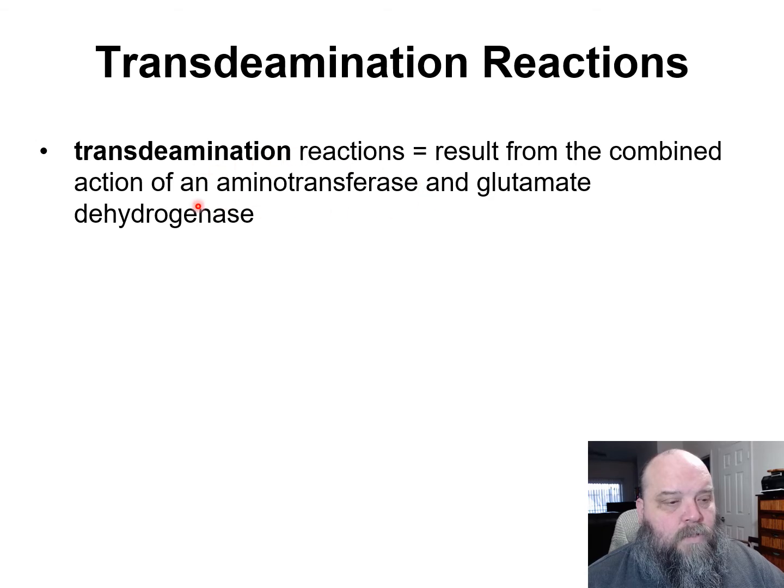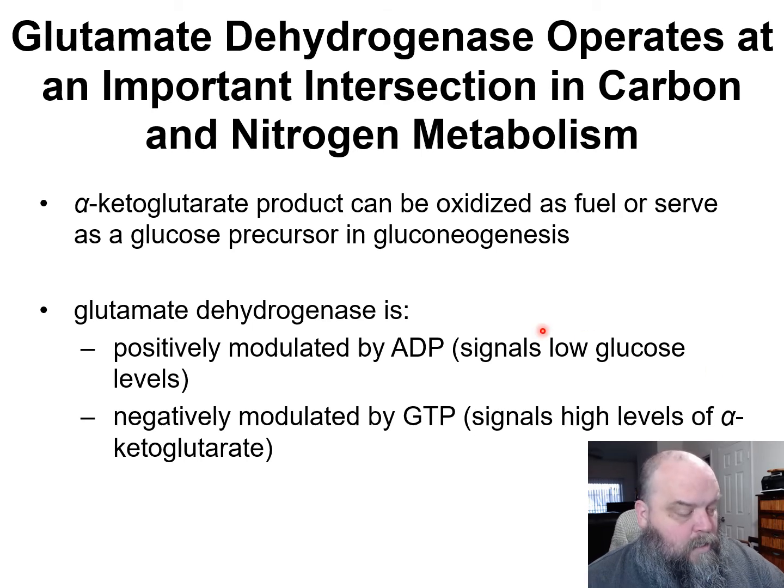Going to use a bit of amino acid transferase and a little bit of that glutamate dehydrogenase. So you mix all these together, you get this idea of transdeamination. You're going to take an amino group and you're going to pull it off, and you're going to either release it as urea or you're going to move it to somebody else.